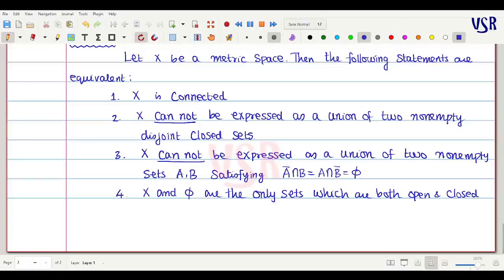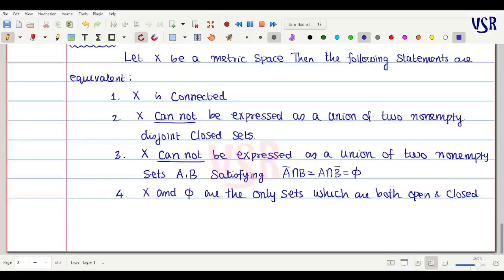We know that the whole set X is open and closed, and the empty set is open and closed. There exist no other sets which are both open and closed. That is the meaning.